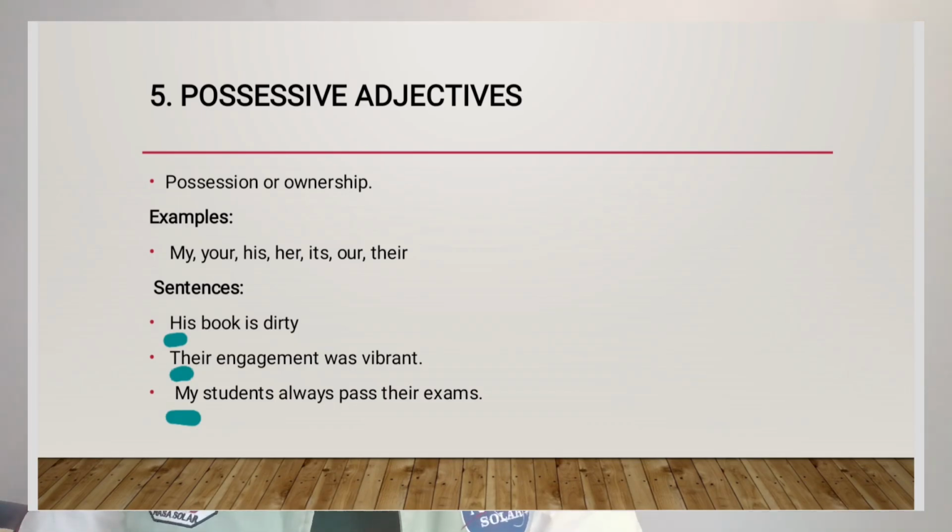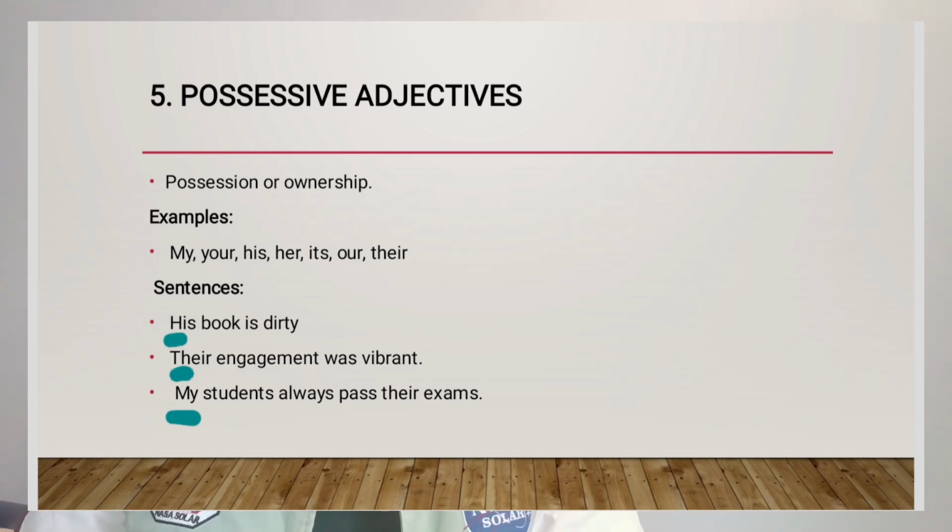Our first example would be, his book is dirty. That's our first example. And our second example would be, their engagement was vibrant. This is a ceremony before a wedding, which is normally called an engagement ceremony.